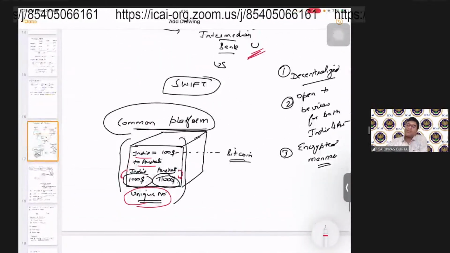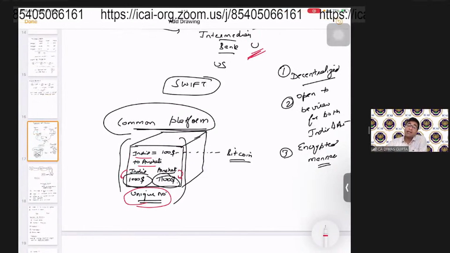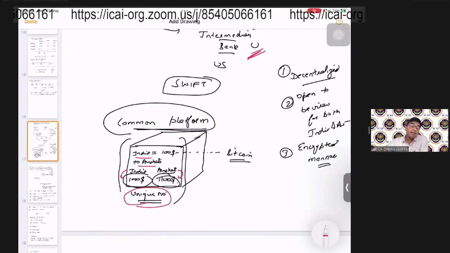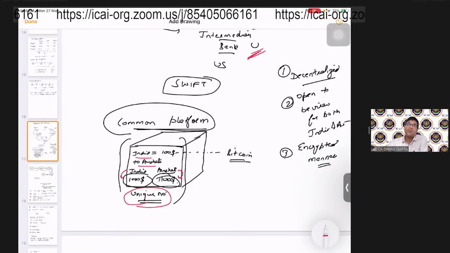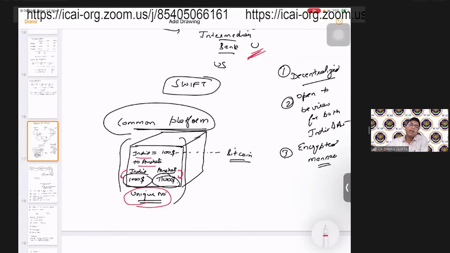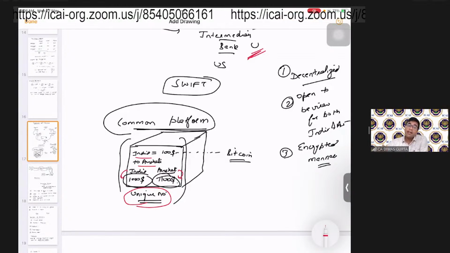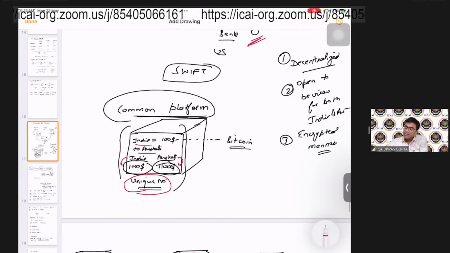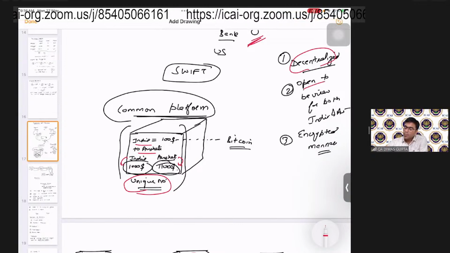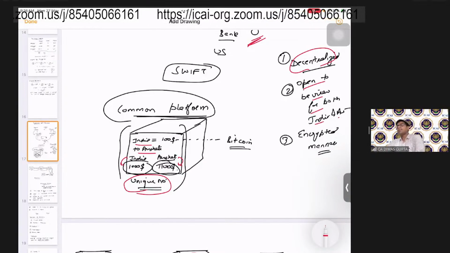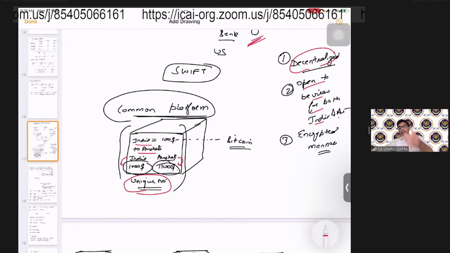So, what are the key features, students? One is that it is a decentralized database. Anyone can enter the data at the same point of time. You would have heard of working on a shared workbook in Excel. In that, multiple people are updating the data at the same time. And hence it is decentralized, open to be viewed for both India and Australia. It can be viewed by the respective people.